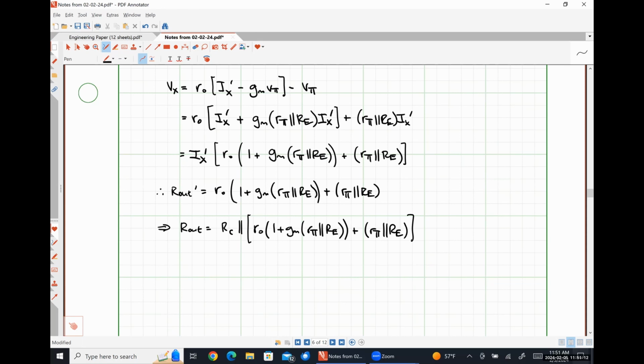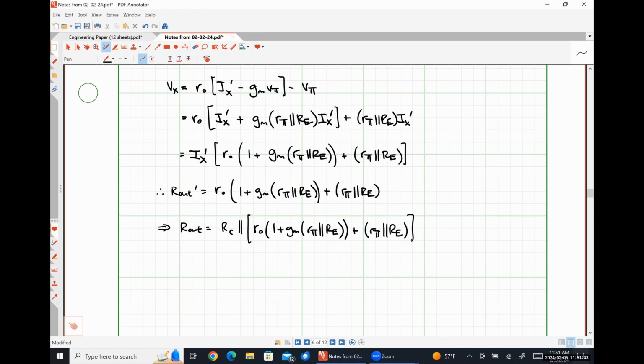So the output resistance remains largely unchanged, taking into account that r naught is usually much larger than RC to begin with. The input resistance changed by a whole heck of a lot, right? We get a huge boost in input resistance. Our voltage gain gets a moderate decrease, okay? So those are the effects of emitter degeneration.